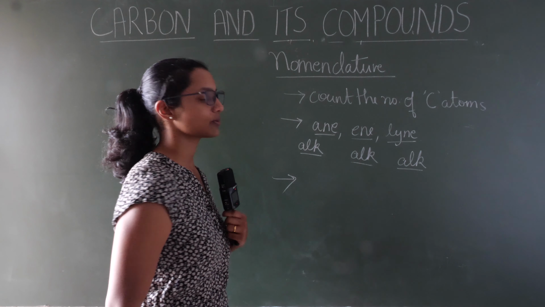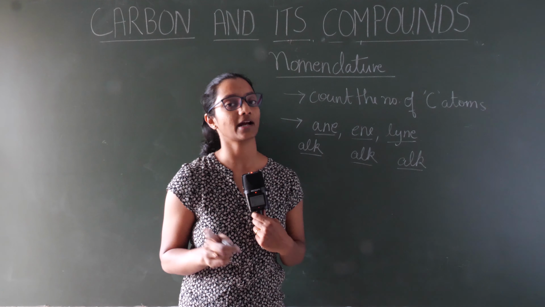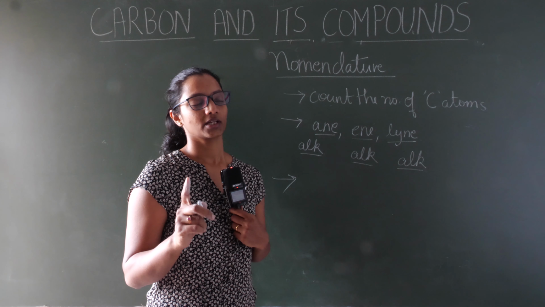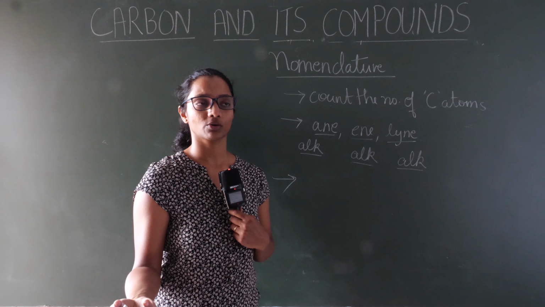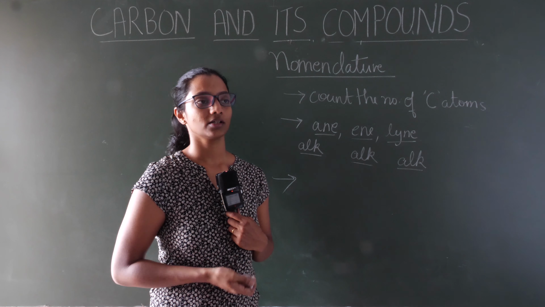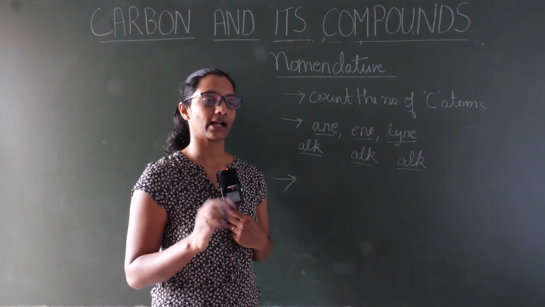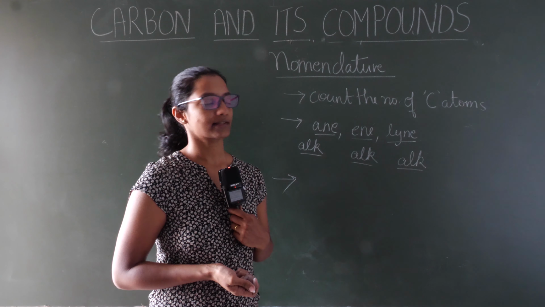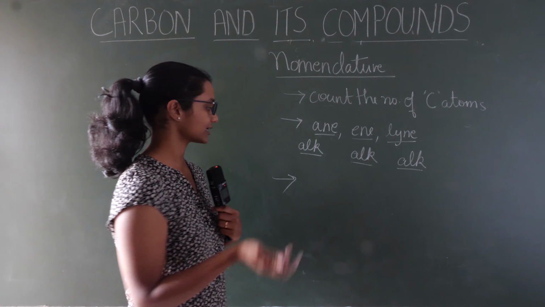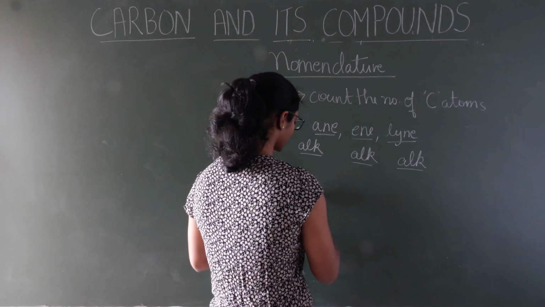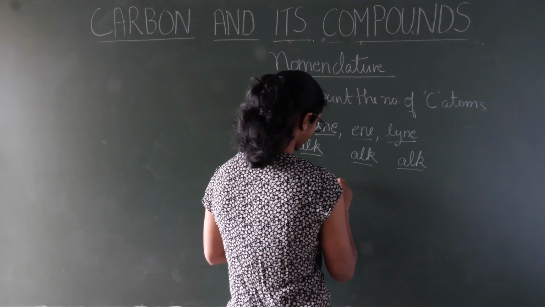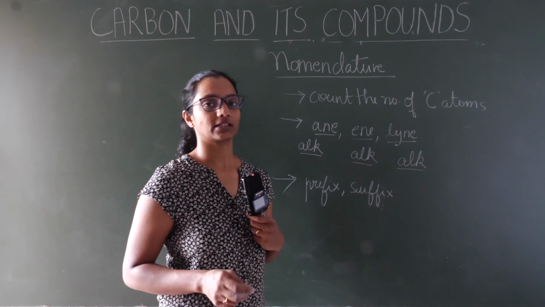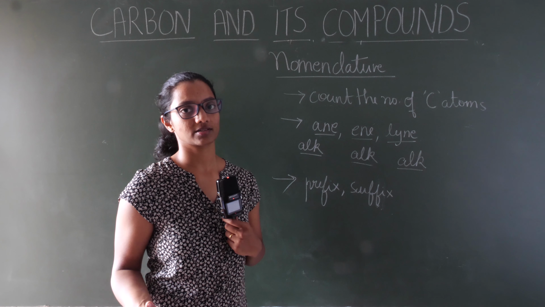And step 3 is when it has a functional group, like I discussed in my previous class. Either it could be a halogen, bromine, chlorine, it could be alcohol, ketone, aldehyde, carboxylic acid, anything of that, it is attached with either a suffix or a prefix. So prefix is nothing but prefix it.